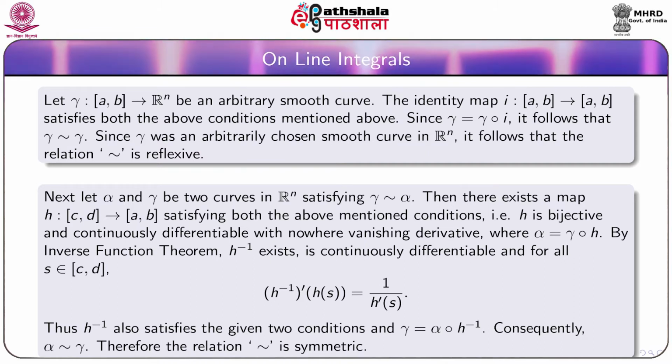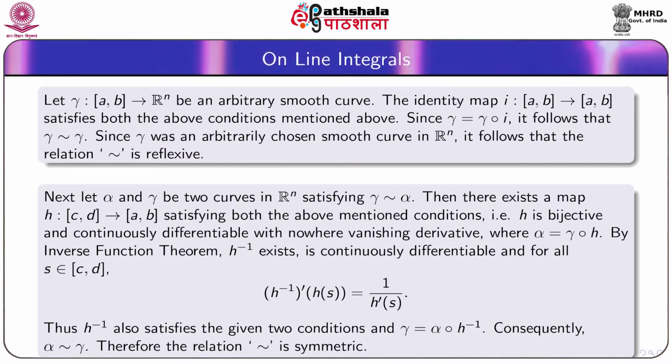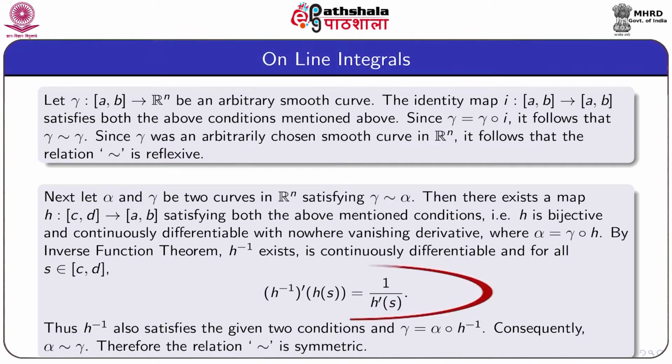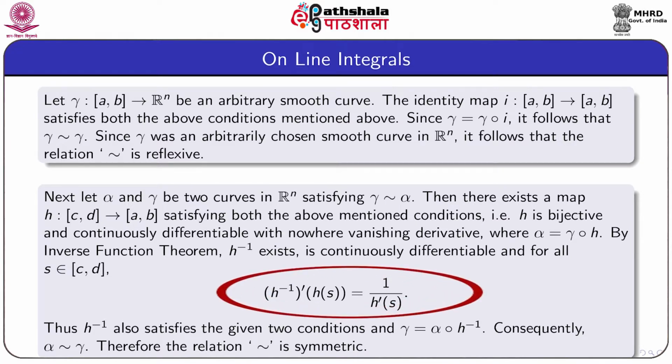Now, by the inverse function theorem, h inverse exists, it is continuously differentiable, and for every s in [c,d], h inverse dash at the point h(s) equals 1 upon h'(s). h'(s) is non-vanishing and hence the derivative of h inverse is also. Thus, h inverse also satisfies the required two conditions and gamma is equal to alpha compose h inverse. Consequently, alpha has this relation with gamma. Therefore, the relation under consideration is symmetric also.